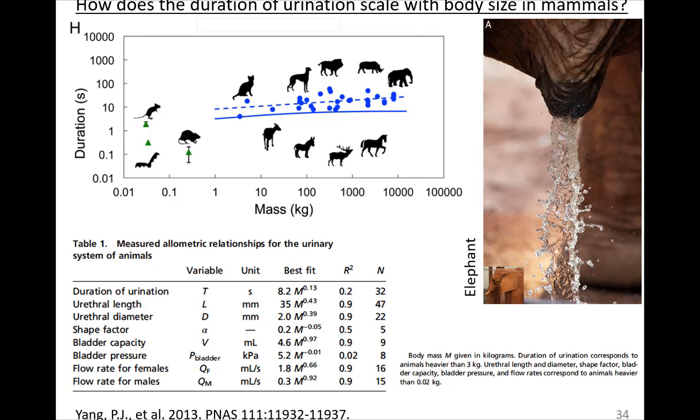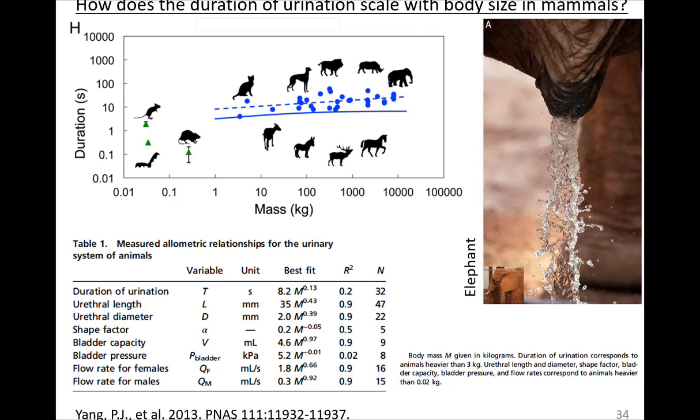So 3,600 seconds in an hour. If an elephant peed for the same number of seconds per kilogram that we did, it would take it an hour to pee. Basically, by the time it finished peeing, it would need to pee all over again. And yeah, it would just kind of walk around dribbling all over the savannah.